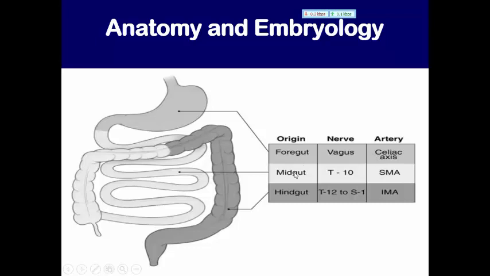Those derived from the midgut have their nerve supply mainly from T10, and their arterial supply mainly from the superior mesenteric artery. Structures derived from the hindgut have their nerve supply mainly from T12 to S1, while their arterial blood supply is from the inferior mesenteric artery.